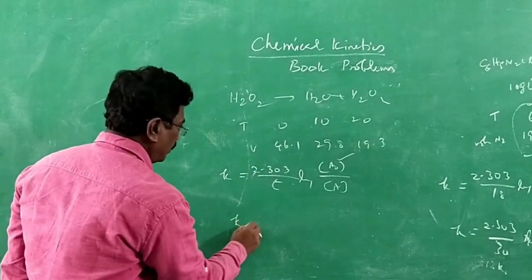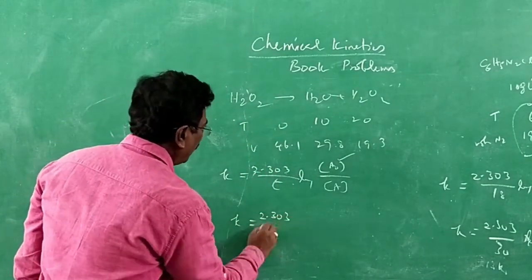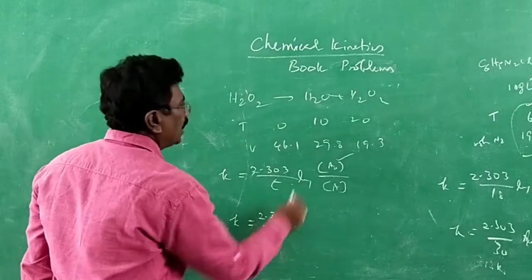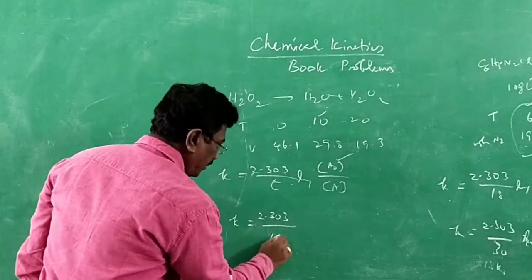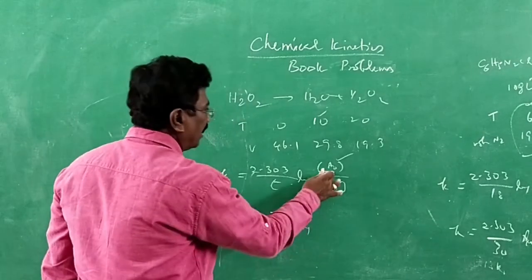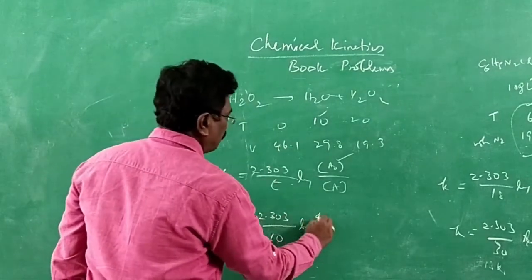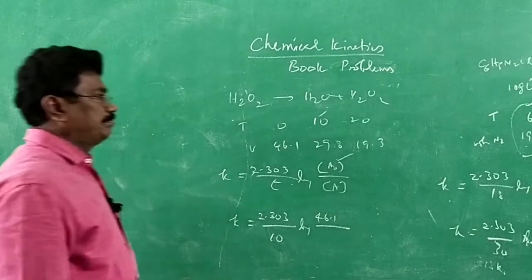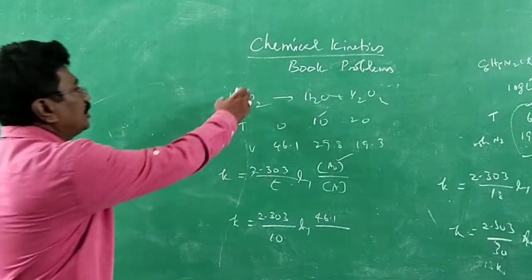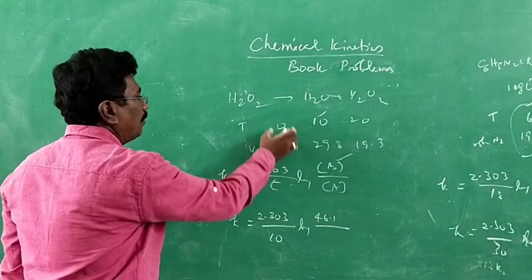So k is equal to 2.303 by t, where t means at time 10 minutes, log, what is a naught? It is the volume of hydrogen peroxide at the start of the reaction. All right. Initial concentration. It corresponds to volume of hydrogen peroxide.